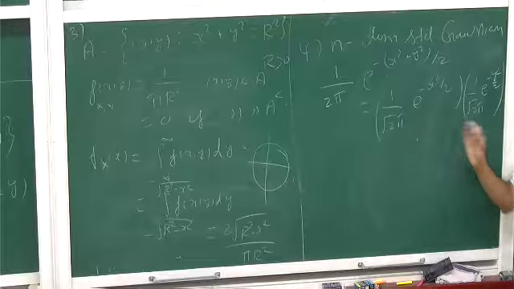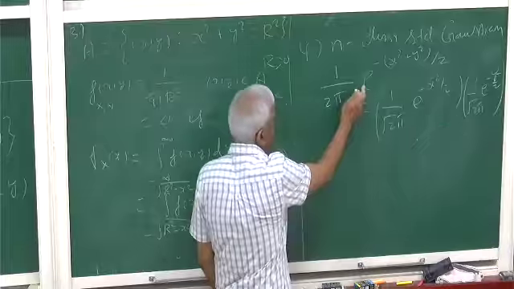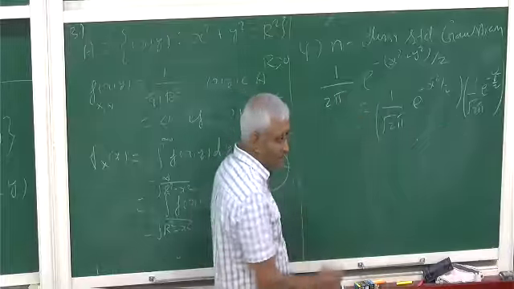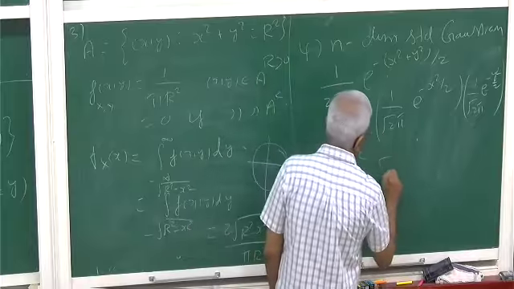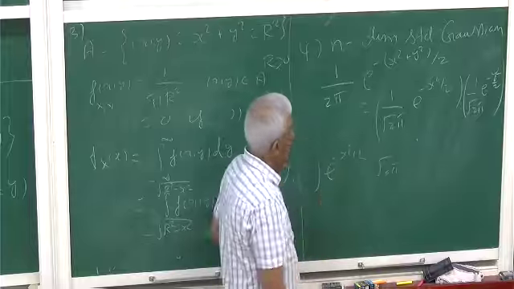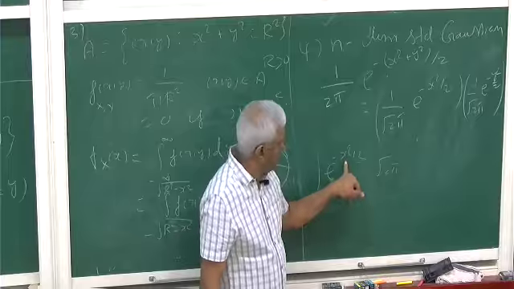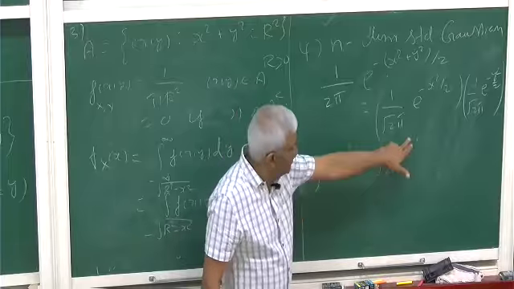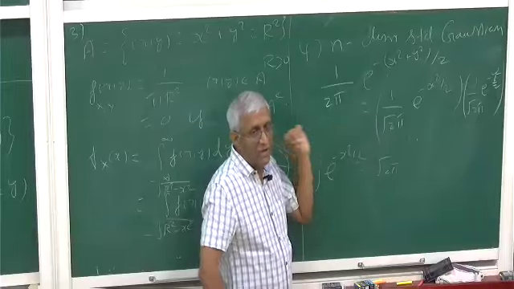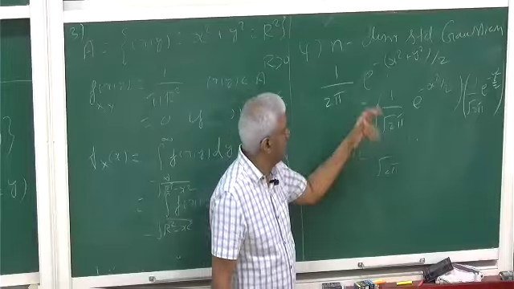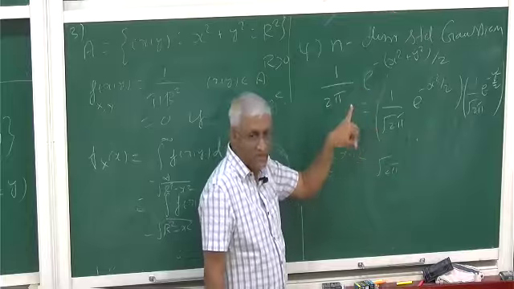If you integrate it with respect to y, you have to use the fact that the integral of e power minus y square by 2 equals square root of 2 pi. You have two random variables, so the joint distribution is this.